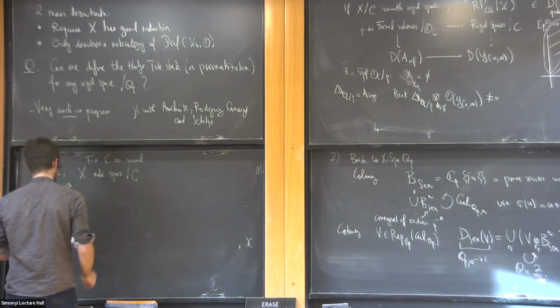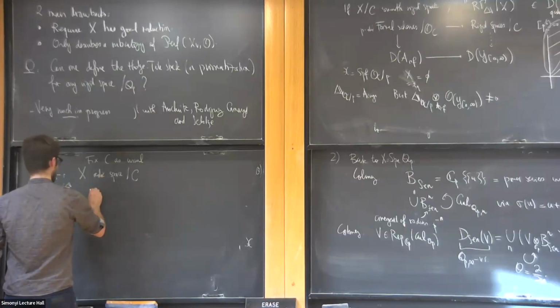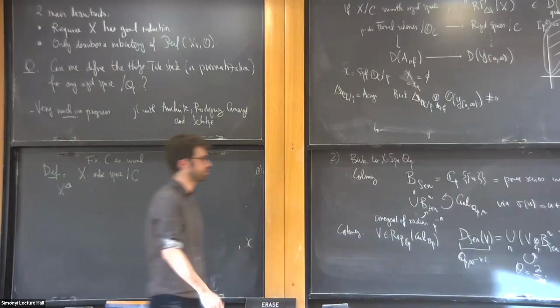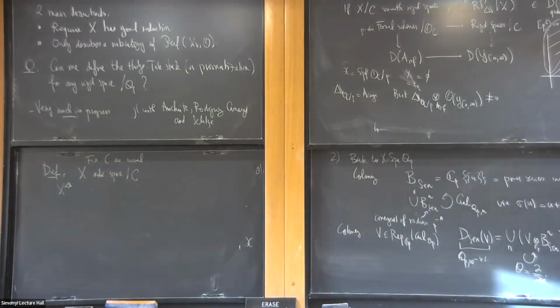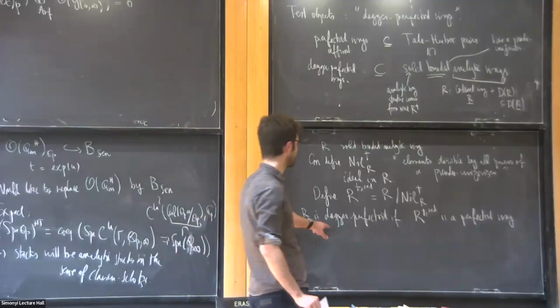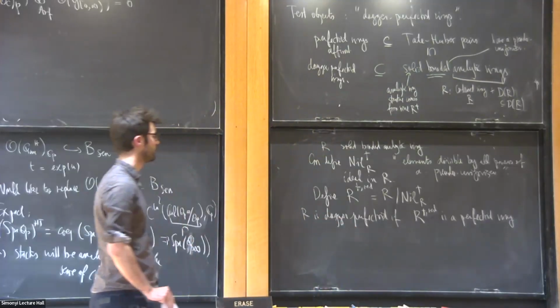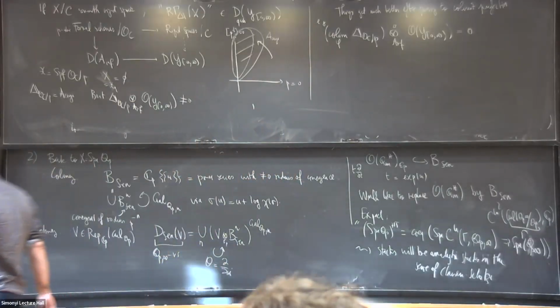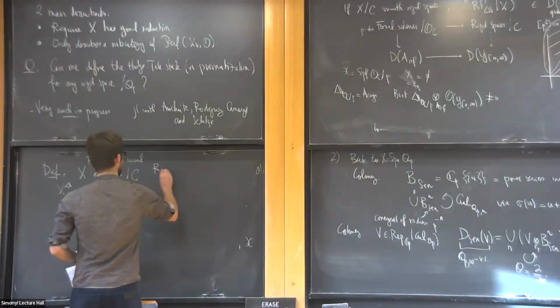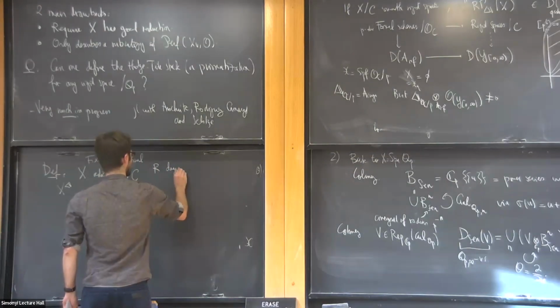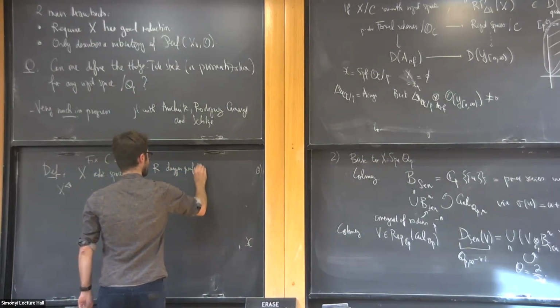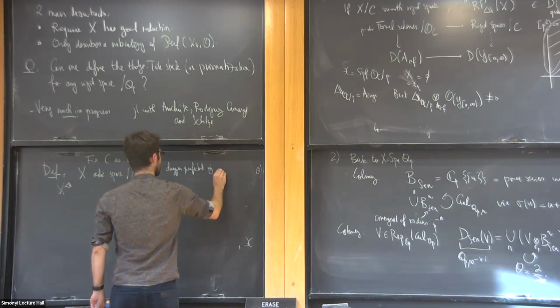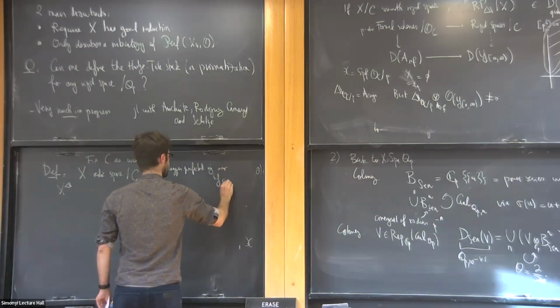prismatization of X as, well, we want it to be a stack on the opposite category of dagger perfectoid rings over Y0 infinity. So like R, the dagger ring over the analytification of this one.